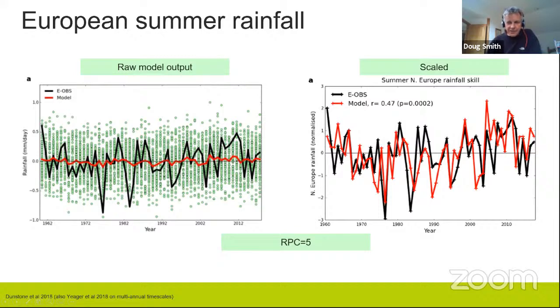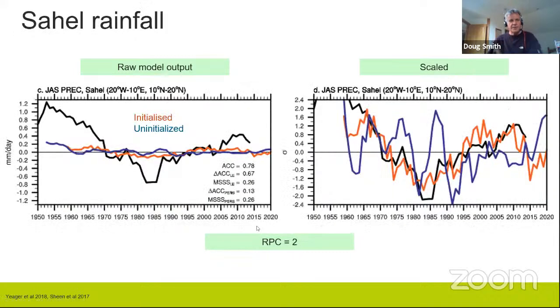But if we scale this ensemble mean forecast, now we find that there is actually a significant correlation, nearly 0.5, between the ensemble mean and the observations. And it turns out that this RPC statistic is 5 in this case. And Steve Yeager has also shown that on multi-year annual timescales, European rainfall is also predictable, but again, it suffers from the signal to noise issue.